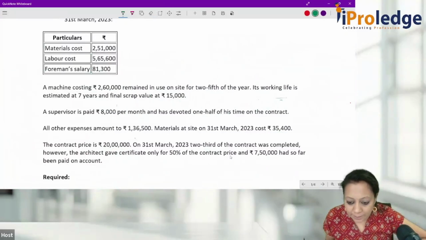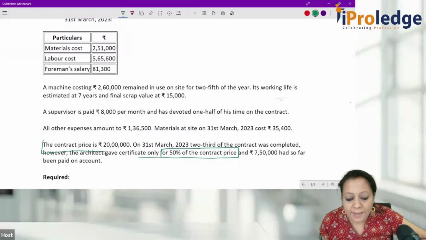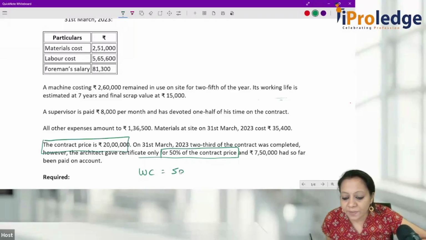All of you, please focus. Now the architect gave a certificate for 50% of the contract price. Contract price is 20 lakhs. That means work certified is equal to 50% of contract price, and 50% of it is work certified.